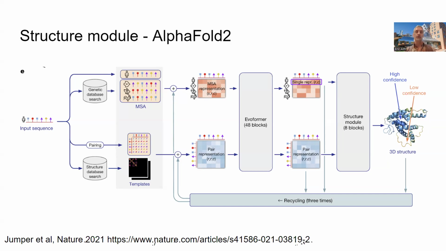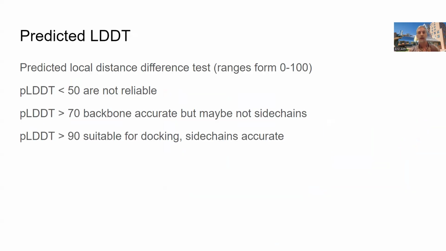And the other internal representation was a pair representation, and that stored information about the geometry of different pairs of residues or different pairs of atoms. And we saw that algorithm worked pretty well and could learn to reproduce protein structures.